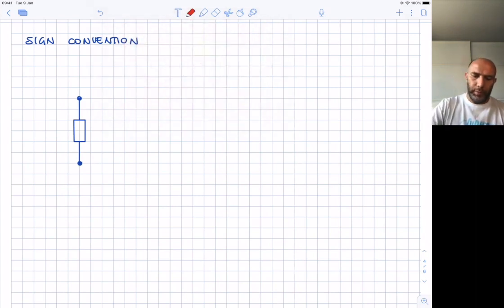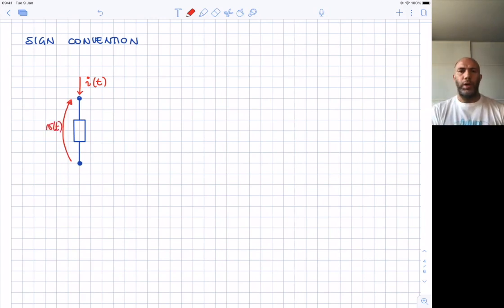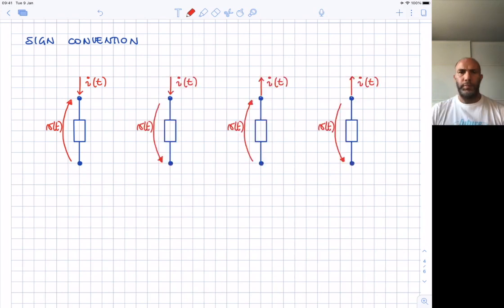This component is characterized from the electric point of view by a current flowing through the component itself and the voltage applied to this component. But this is not the only possibility, because the current can have two possible directions as well as the voltage can have two possible directions. So, the total combinations of directions for the current and the voltage creates four possible cases. If we want, we can also characterize the voltage with the plus sign.